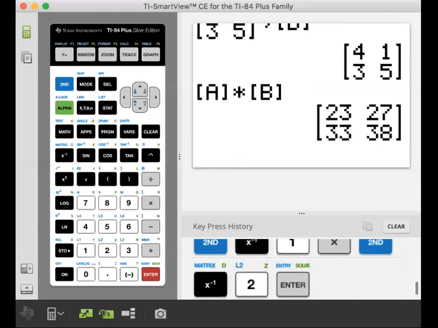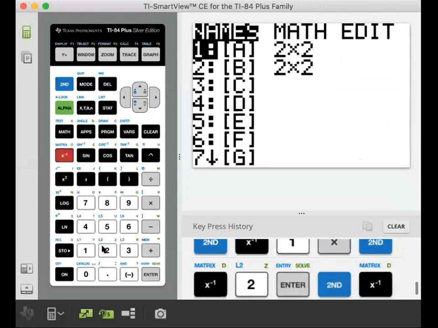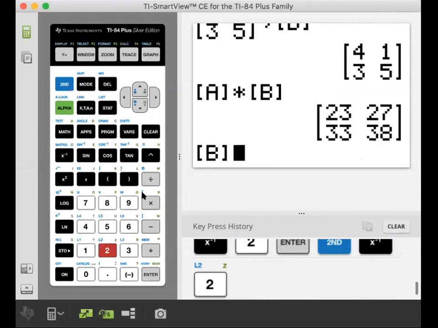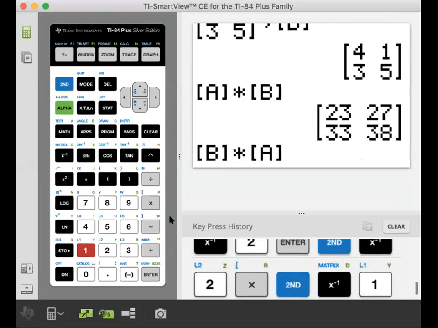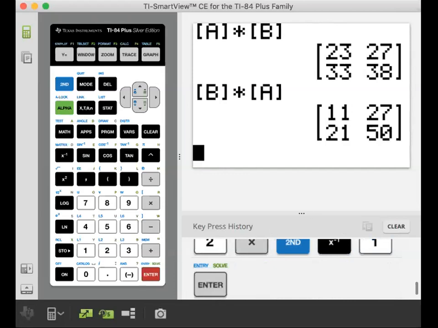So that's mysterious. And to make things even more puzzling, if instead I did B times A, everyone knows that multiplication is commutative, but not in this case. So that's mysterious.